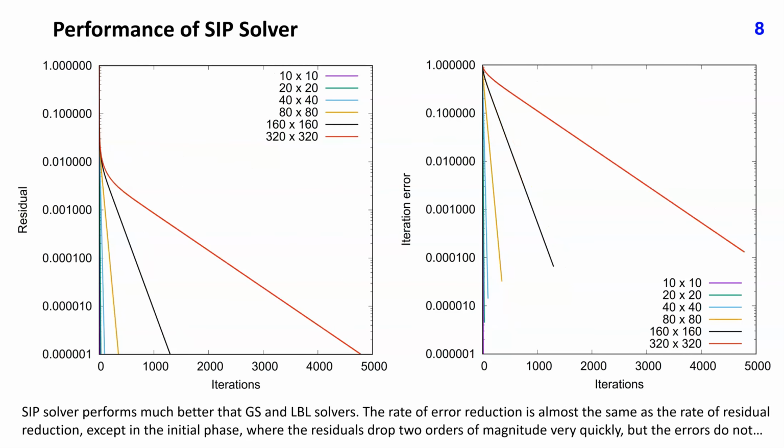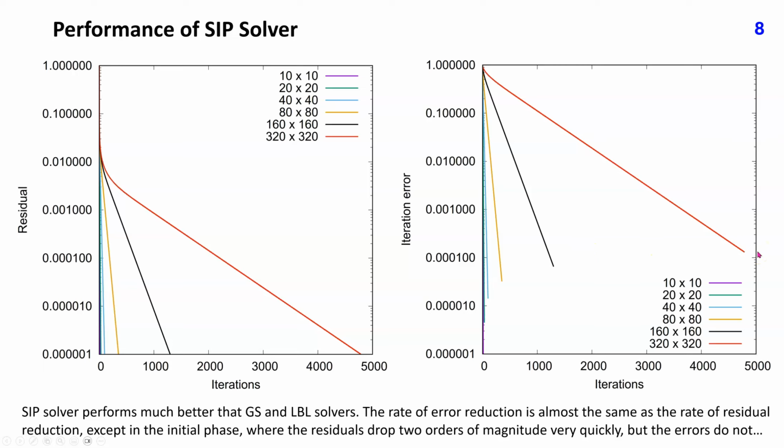This slide shows the same information as the previous slide, but for the ILU solver after Stone, SIP. The plots are similar, but SIP solver needs about 5 times less iterations to reduce the residual norm by 6 orders of magnitude than the LBL solver. On the coarsest grid, iteration error is reduced by the same amount as the residual norm, but as the grid is refined, iteration error norm stays behind.